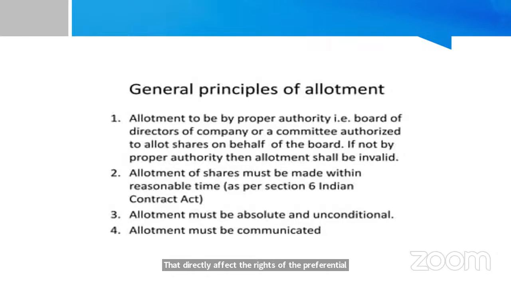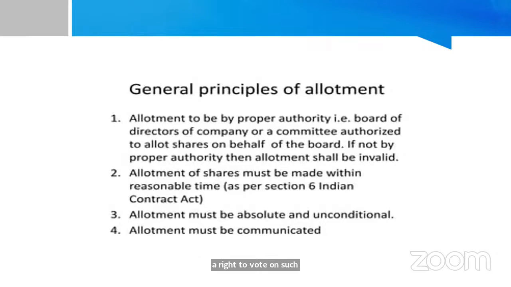So any resolution which is directly affecting the rights of the preference shareholders, they will have a right to vote on such resolutions.